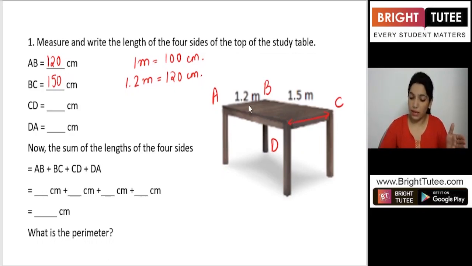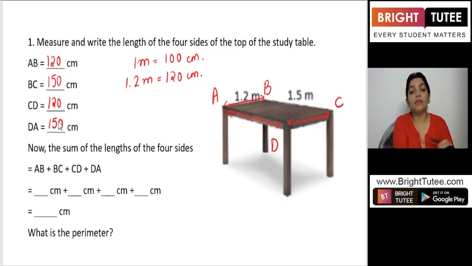So if AB is 1.2, the length of CD will also be 1.2, that is 120 centimeters. Now what is the length of DA? Look here, it is opposite to the side BC, thus it measures 150 centimeters as well.